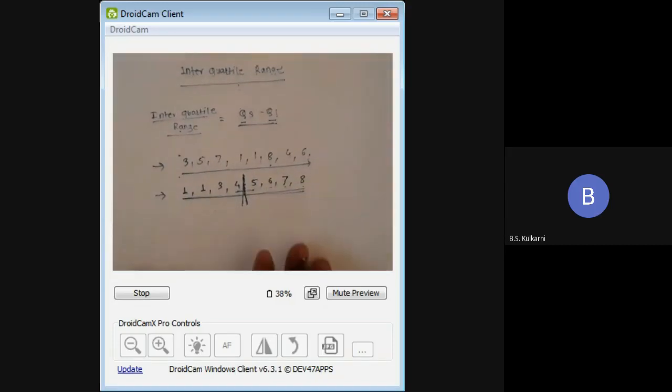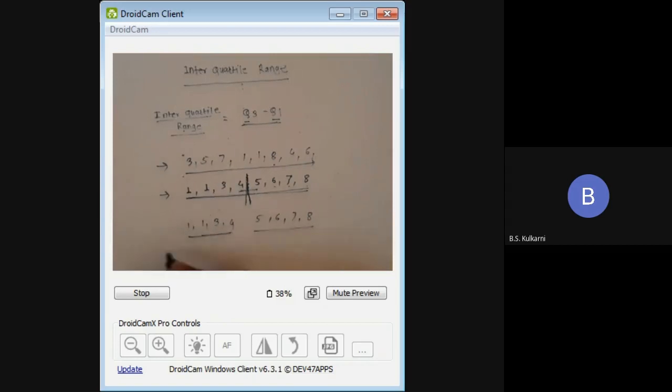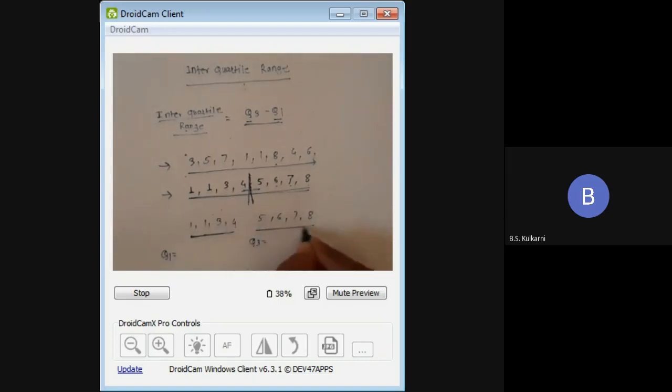So now we have two series: 1, 1, 3, 4 and 5, 6, 7, 8. The next task is to find Q1 and Q3. To find Q1, calculate the median of the first series, and to find Q3, calculate the median of the second series.